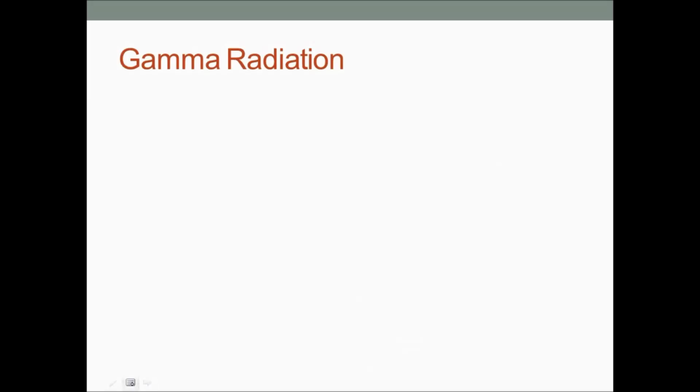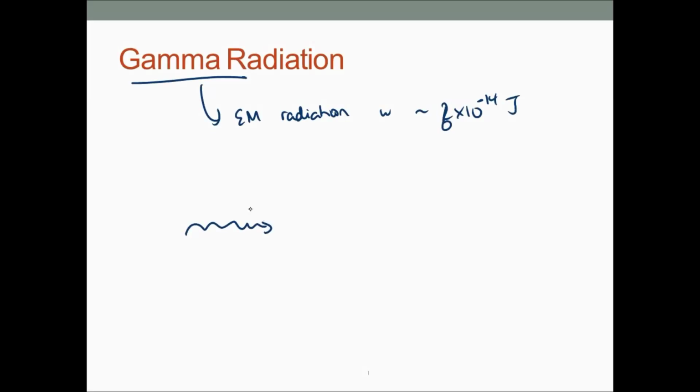Now gamma radiation. As you may remember, with gamma rays we're talking about electromagnetic radiation with an energy of about 6 times 10 to the minus 14 joules. What does it do? It might get absorbed.